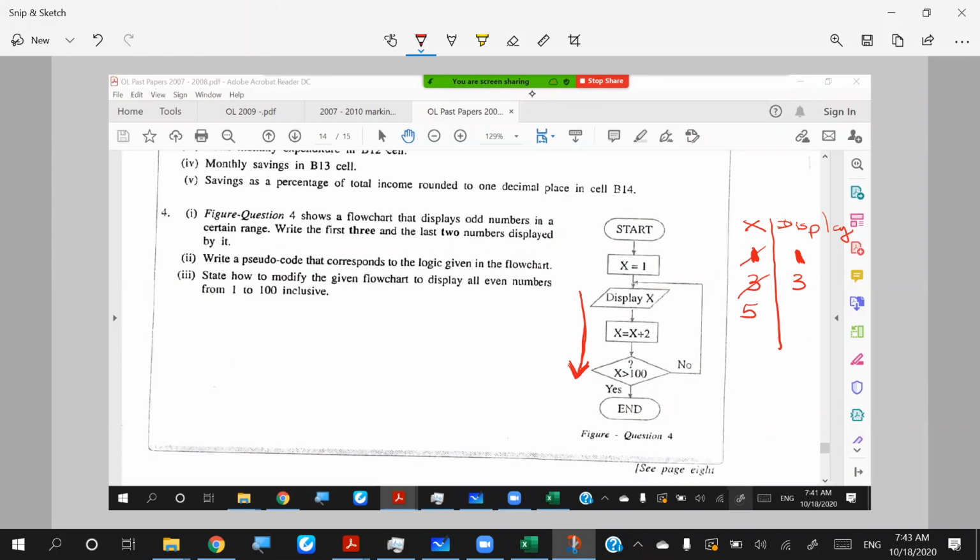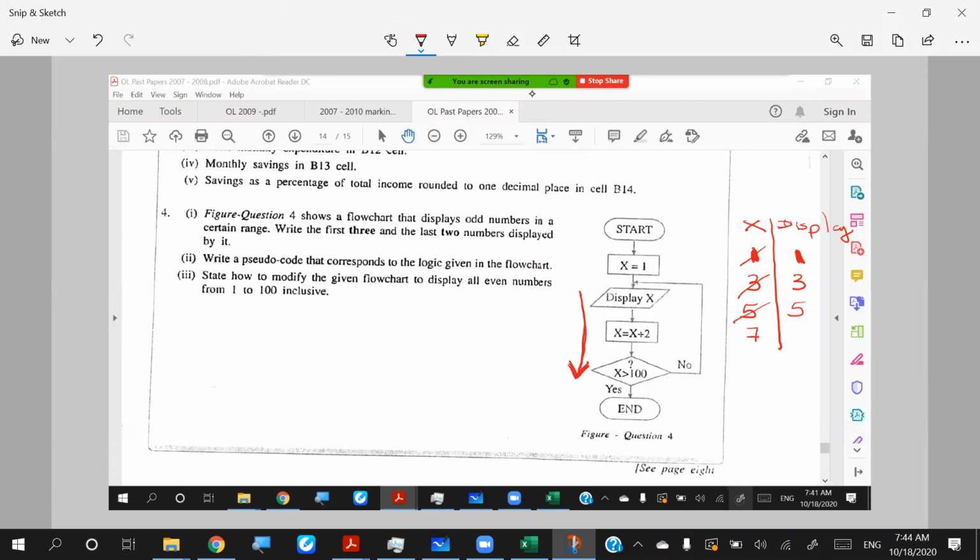It says no. Then it displays x, and x will increment by another 2. So the first three values that you are going to see are 1, 3, 5. So you have to figure out the pattern here.